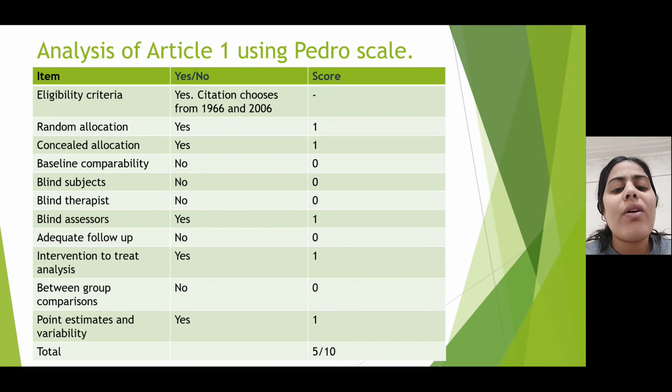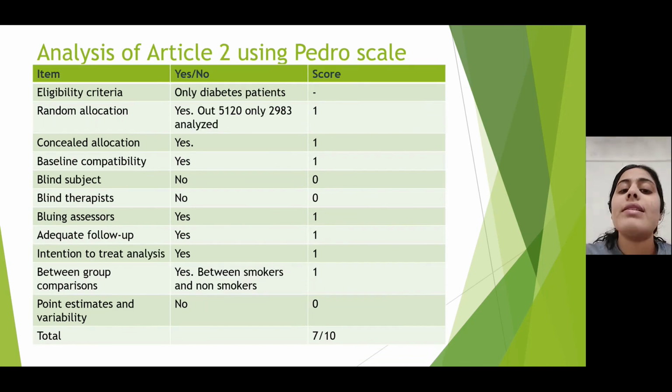Out of all these 10, only 5 were given. It means that the PEDro scale for article 1 was not too good, not too bad. It was average. Next, the same for the PEDro scale, article 2. Out of 10, 7 marks were given. It means that for the PEDro scale, article 2 was good, as 7 points were given.